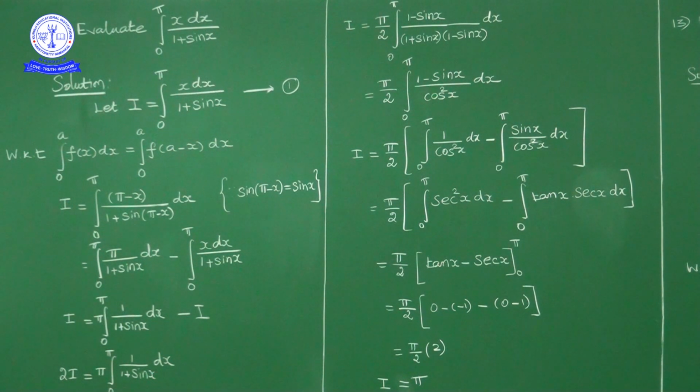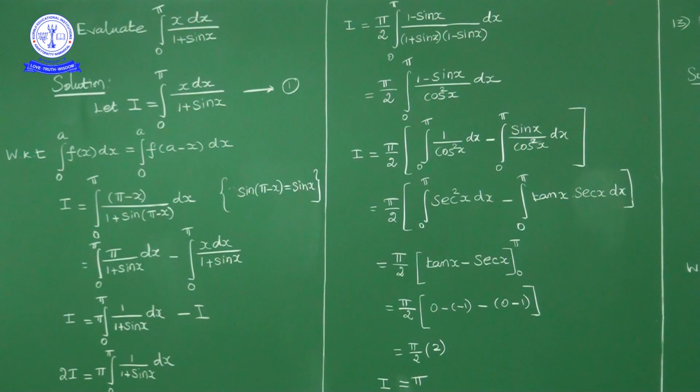Okay. Here I will multiply and divide by 1 minus sin x. Okay. Also left hand side what we have 2I. So if we cross multiply to this side we will get pi by 2 here, no?